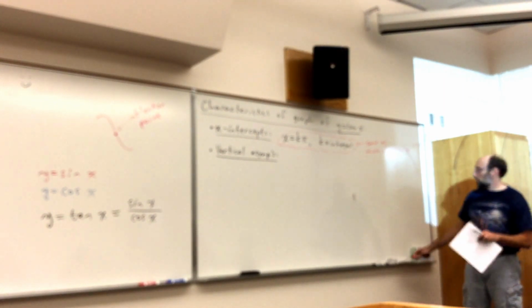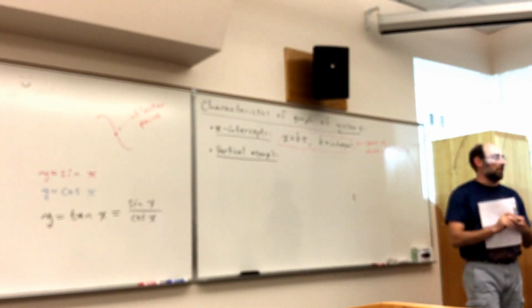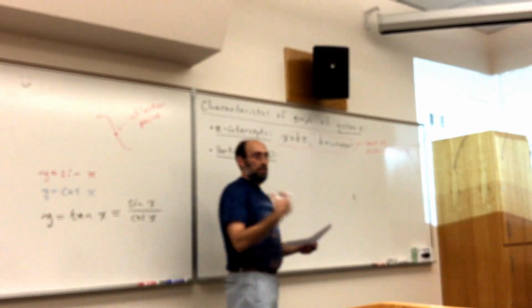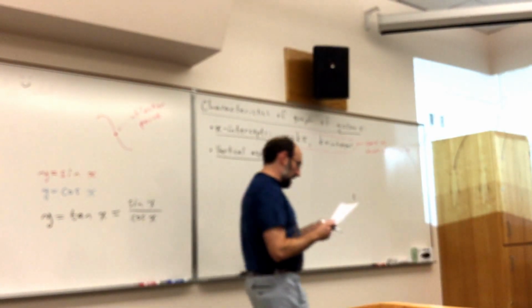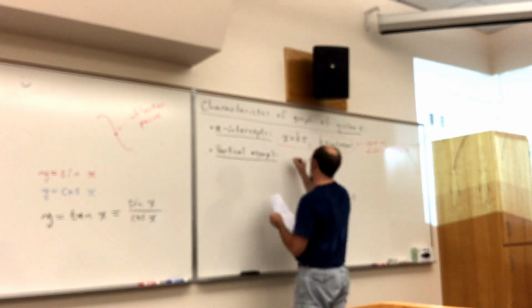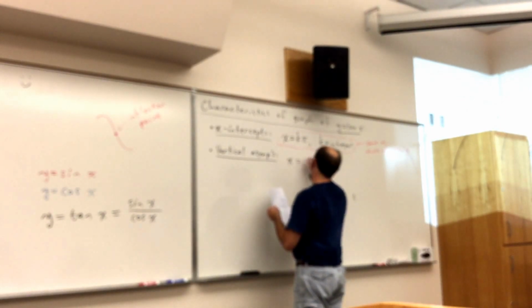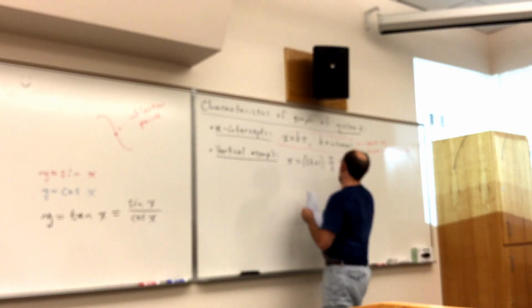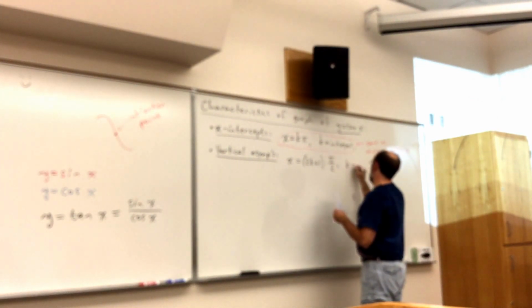So the vertical asymptotes are going to correspond with the zeros of the cosine function. So that's going to be odd multiples of pi over 2. So I'm going to have x equals 2k plus 1 times pi over 2, where k is an integer.